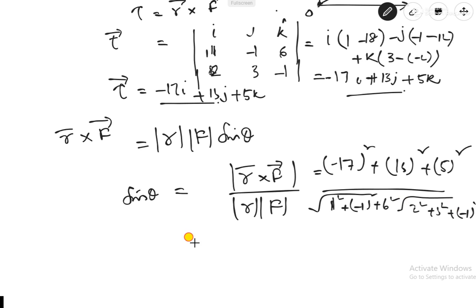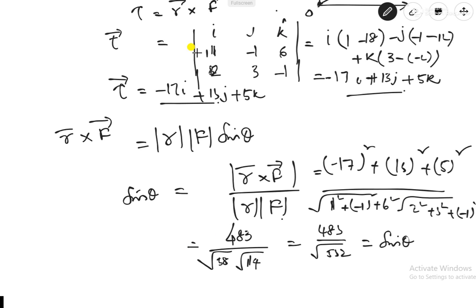If we solve this, the magnitude in the numerator is 483, and this is the denominator. So this is sin theta, that means the angle between R and F. This is how we find the angle between two vectors if theta is not given.